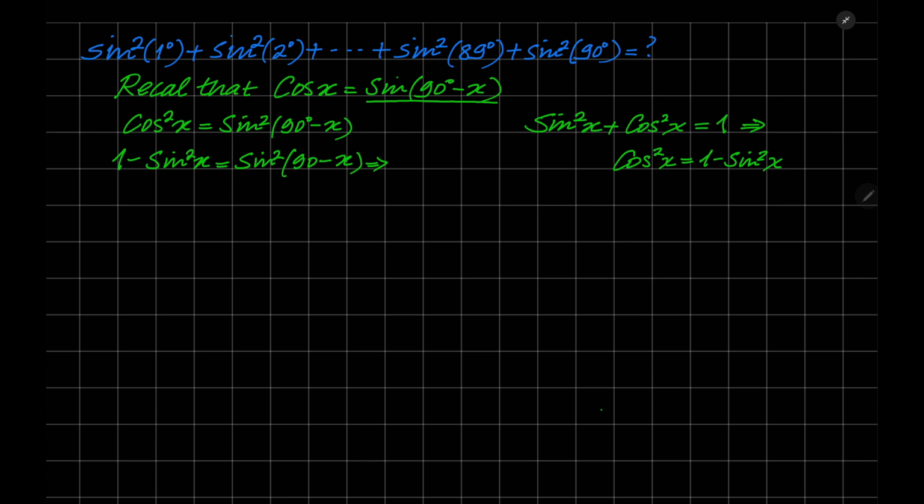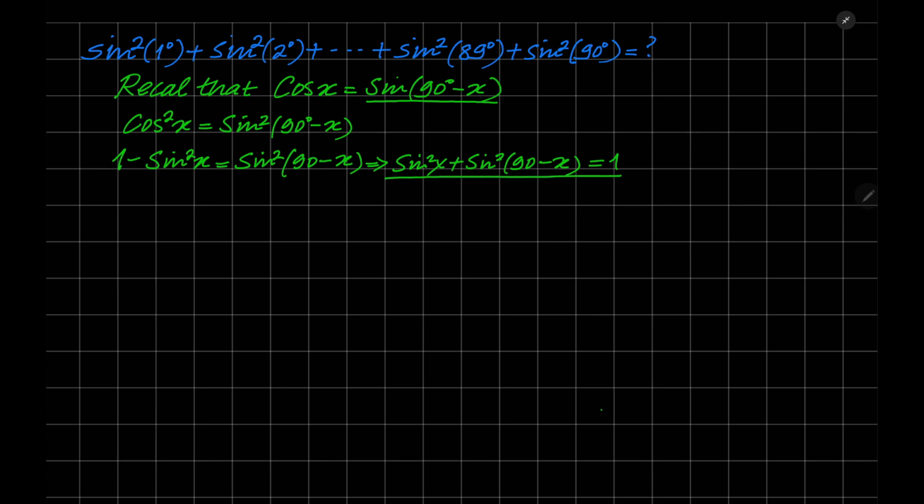Which implies that sine square x plus sine square 90 minus x, let me erase this part, is equal to 1. We would use this identity to solve the problem, okay? This identity.